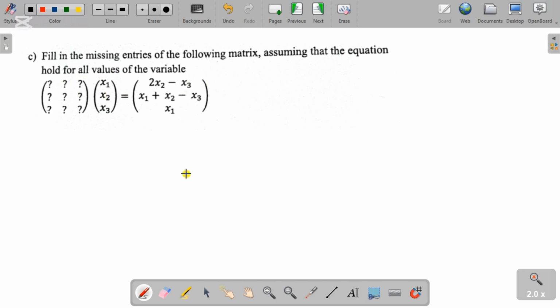First of all, note that you can actually transform this equation, this set of matrices here, to be of this form. So let's go this way. First of all, let's give names to these question marks. Let me call them A, B, C, D, E, F, then G, H, I.